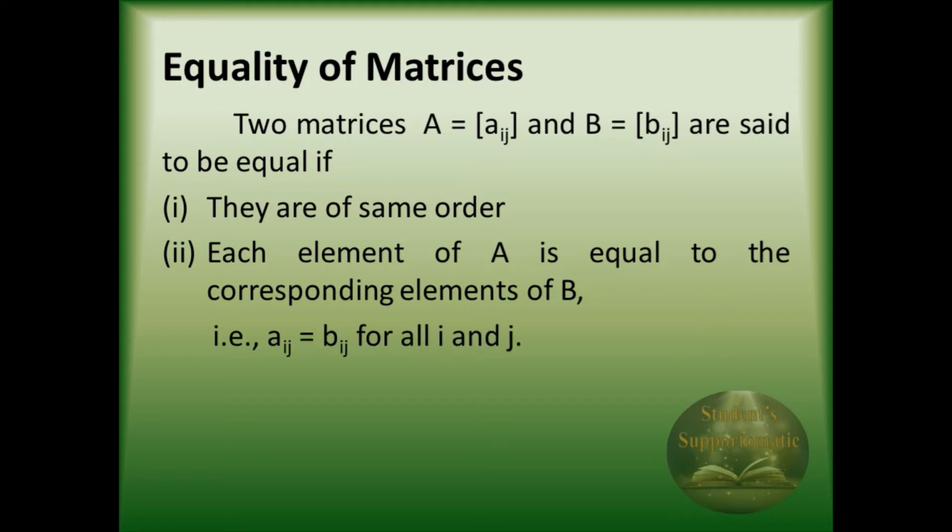That is, Aij is equal to Bij for all i, j. The element of matrix A in position 1 1 must be equal to the element in matrix B at position 1 1, and the element in position 1 2 in matrix A must be the same as in matrix B in position 1 2.